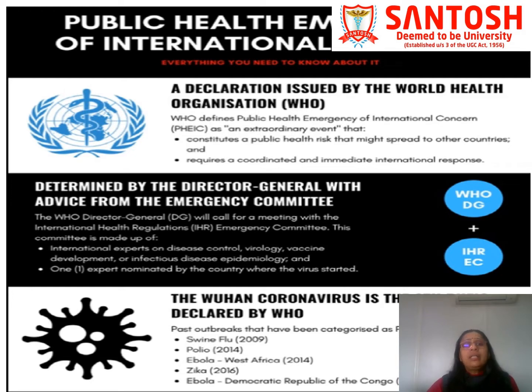The committee comprises international experts on disease control, virology, vaccine development or infectious disease epidemiology, as well as one expert nominated by the country where the virus has started. So these make up the International Health Regulations Emergency Committee, and together with the Director General of the WHO, they determine which disease should be labeled as the public health emergency of international concern.